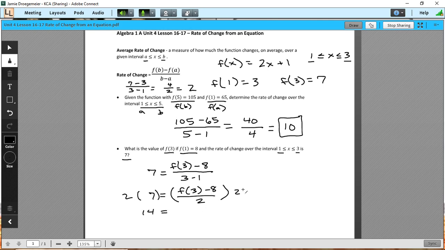On this side, when I do that, those cancel to 1, and I'm just left with f of 3 minus 8. And then finally, my last step would be to add 8 to each side, which gives me 22 over here, and just f of 3 over here. So f of 3 would need to equal 22 for that rate of change to be 7.